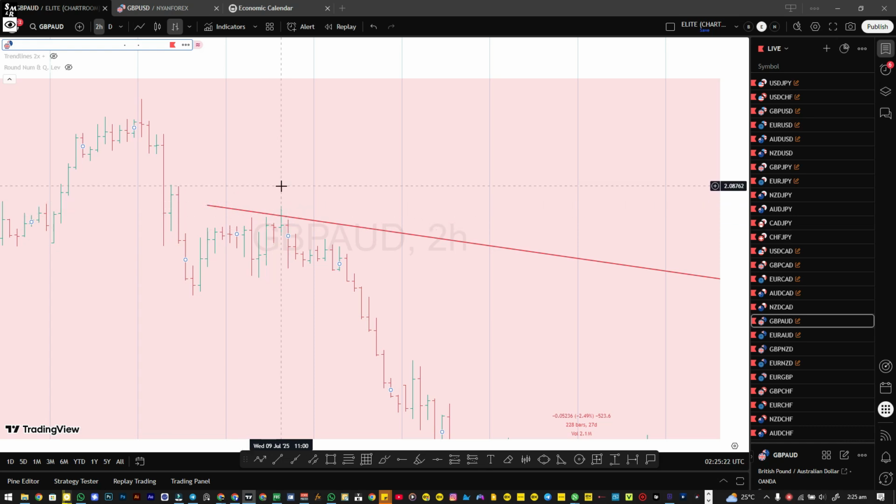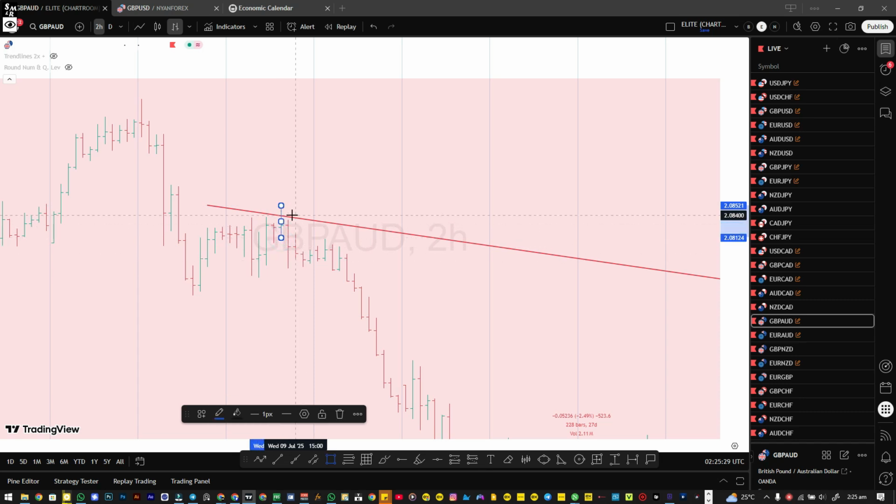Sometimes I don't call it a wick because with this, all this side is the body of the candle, right? All this is the body of the candle, so it normally doesn't have a wick. This one line is the body of the candle, and this is the open, the close, right? If it's for a buy, this is the open, this is the close. If it's for a sell, this is the open, this is the close, right?